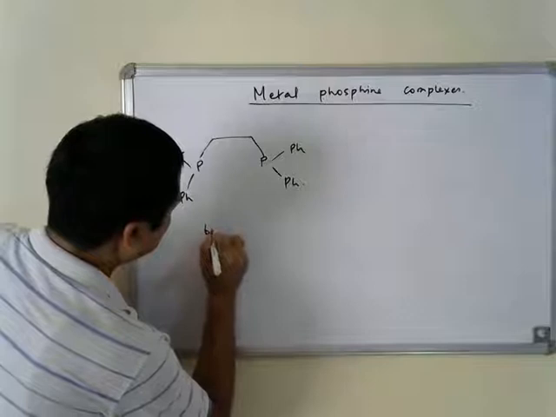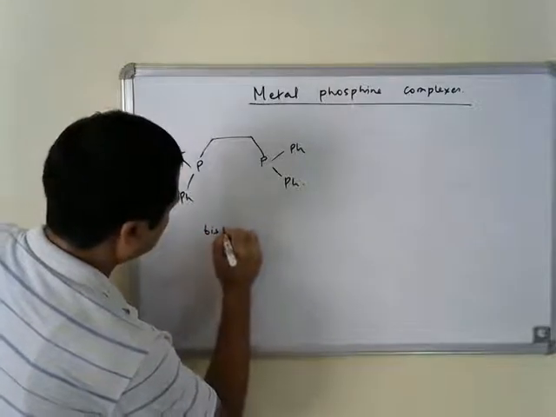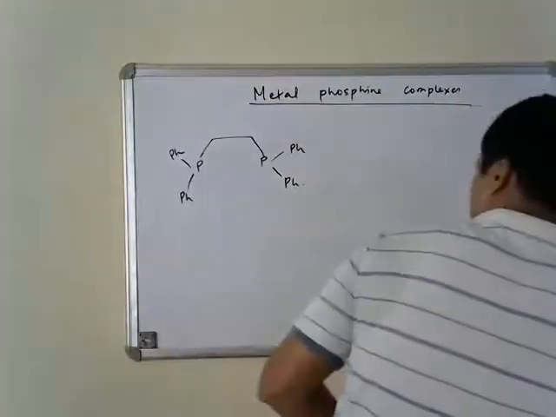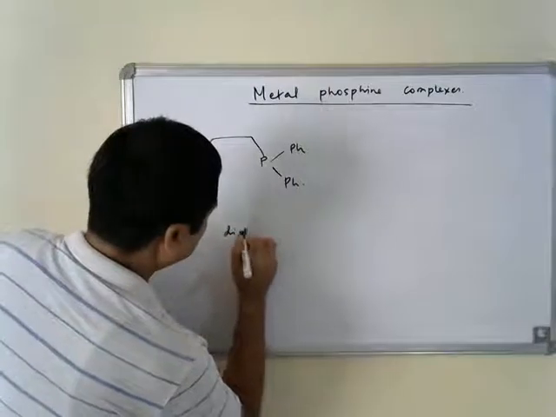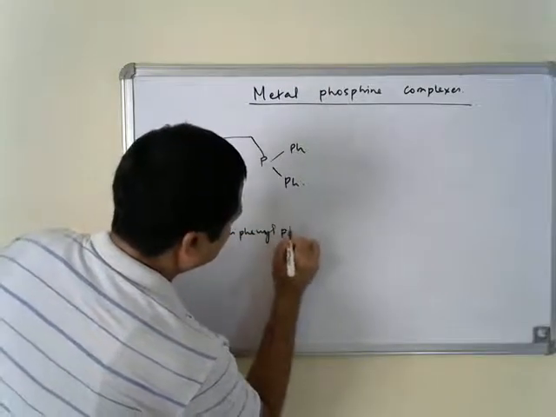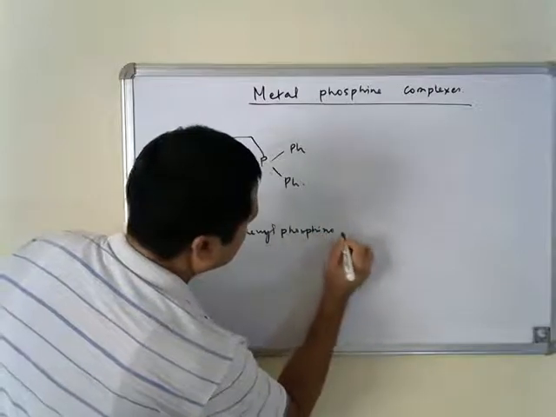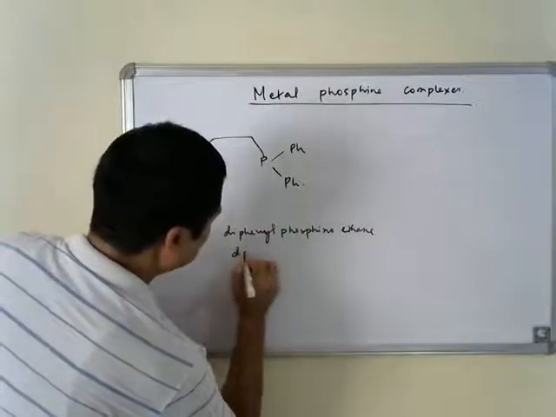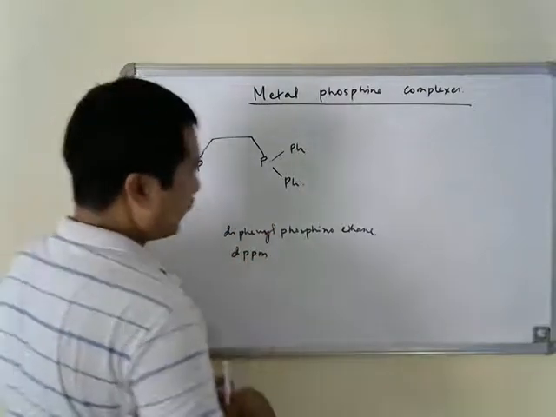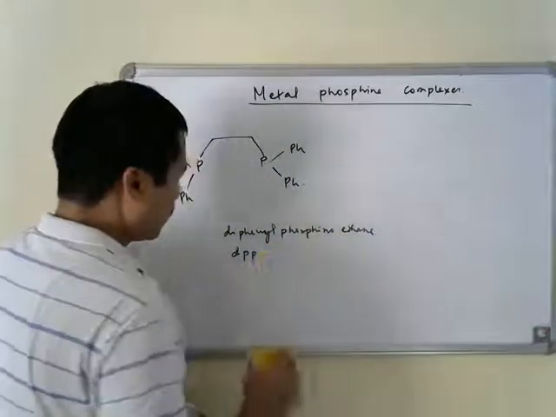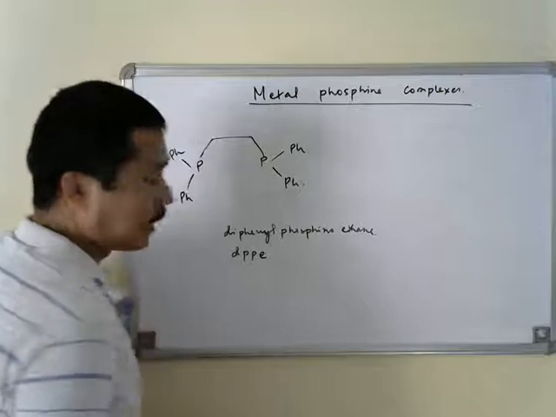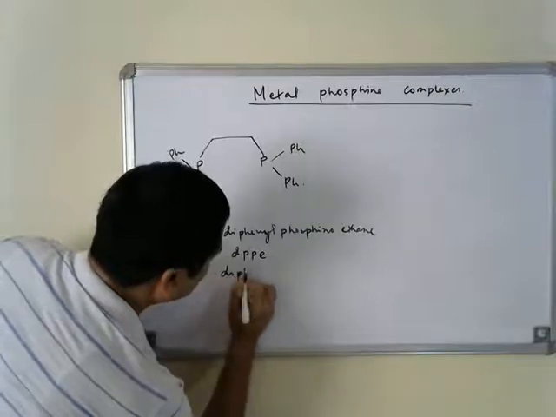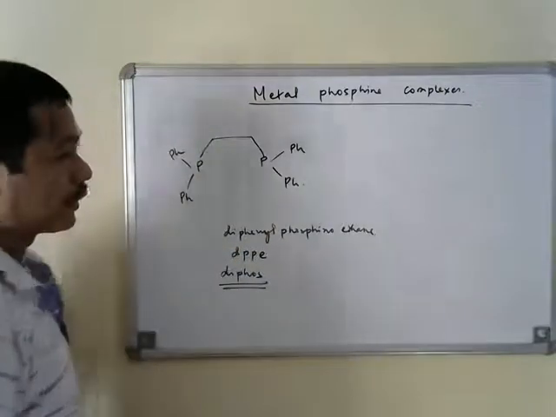We also call this ligand in short DPPE, and another commonly used abbreviation for this ligand is also diphos, because there are two phosphine groups in this.